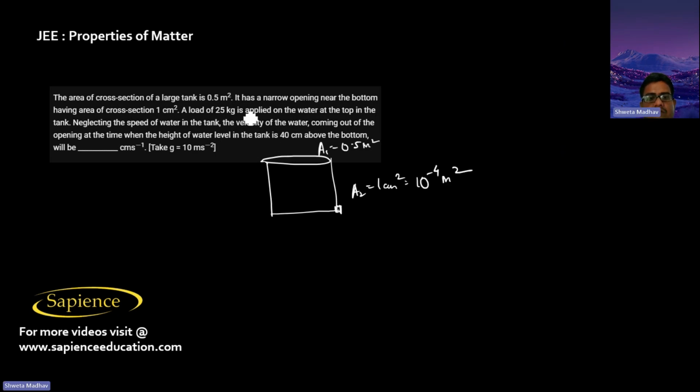A load of 25 kg is applied on the water at the top in the tank. So here one large piston has been kept, and the load kept is 25 kg.